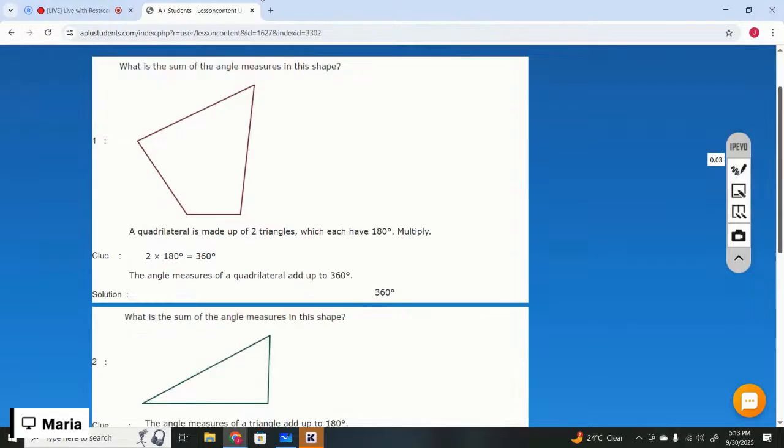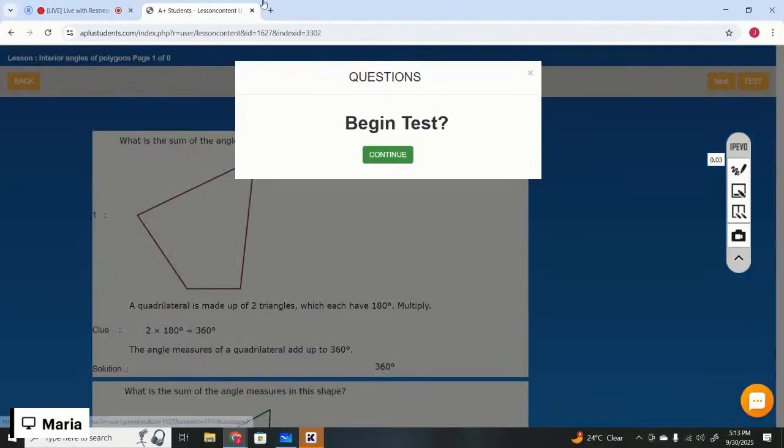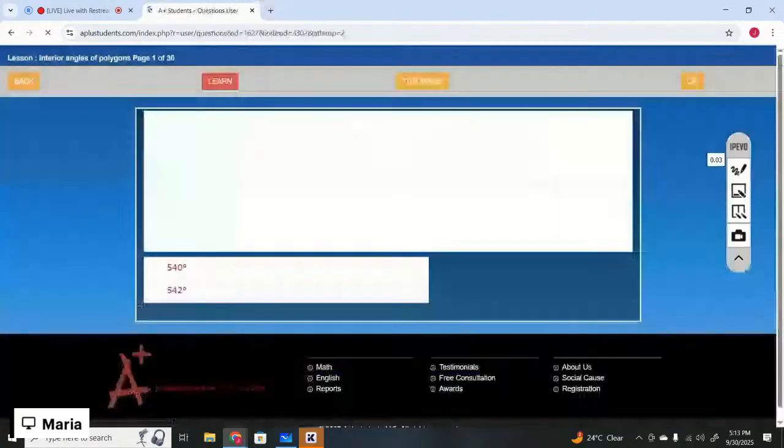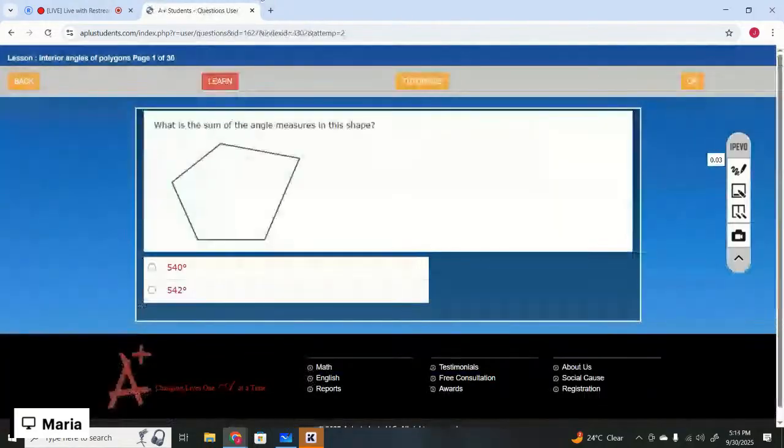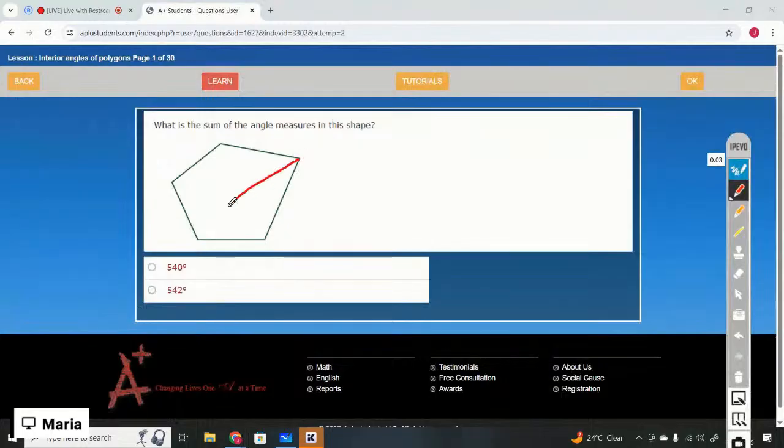Okay, let's just start with the test questions. What is the sum of the angle measures in this shape? Let's just see how many triangles we can make, right? One, one, two, three. 180 times 3. 3 times 0 is 0, 3 times 8 is 24, 3 times 1 is 3 and 2, 5.